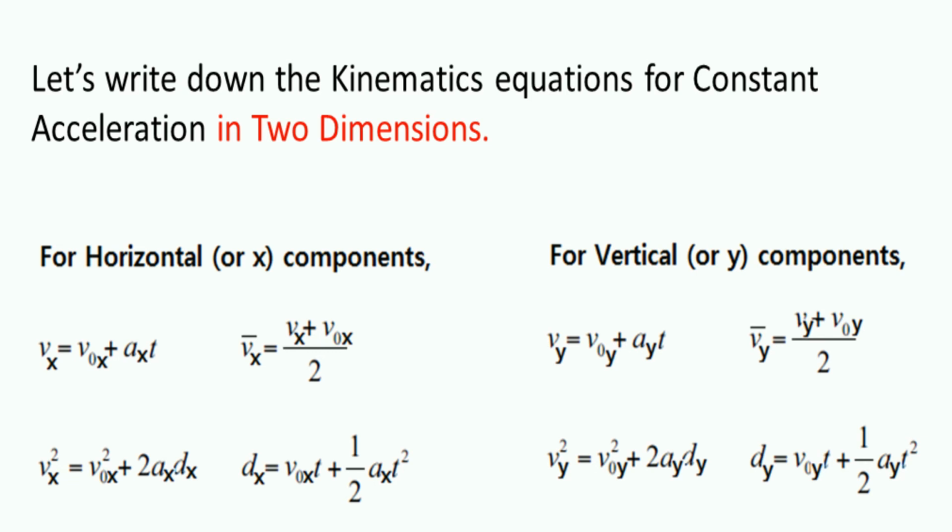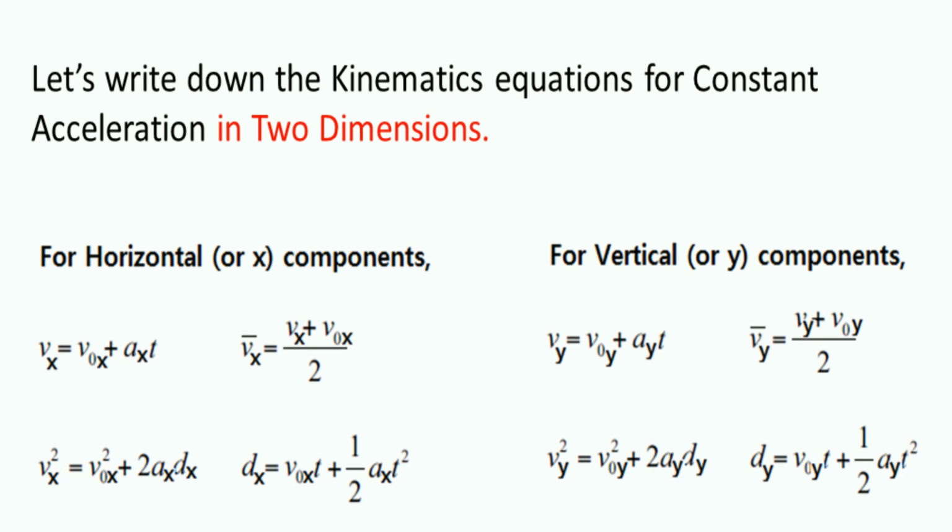Please, if you see V naught, it still stands for initial velocity. If you see V, in this case, it stands for the final velocity, which you can still write as Vf. Right. 2, we have Vx squared is equal to V naught x squared plus 2ax dx.